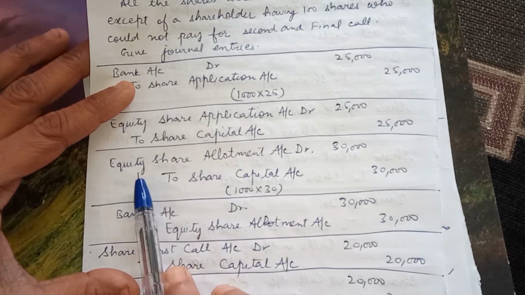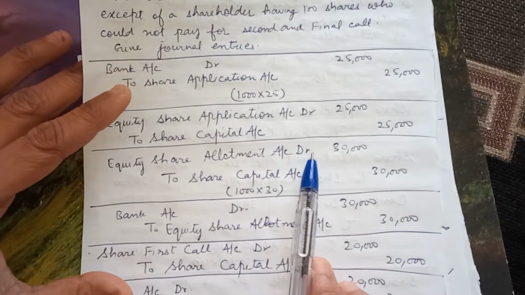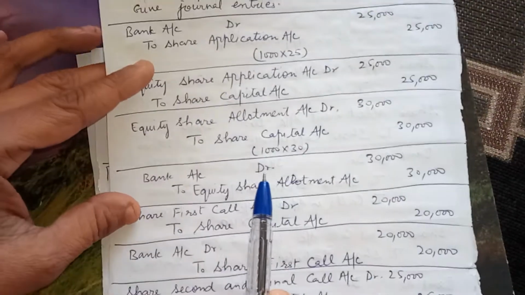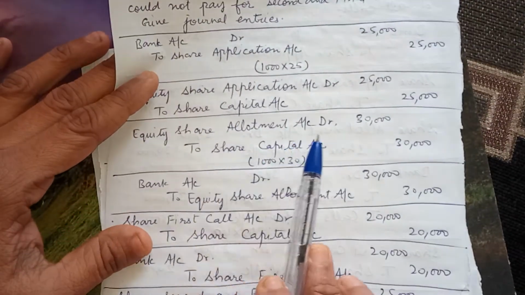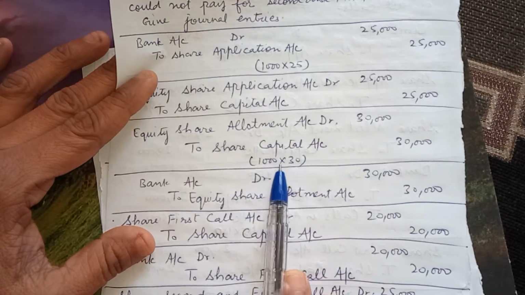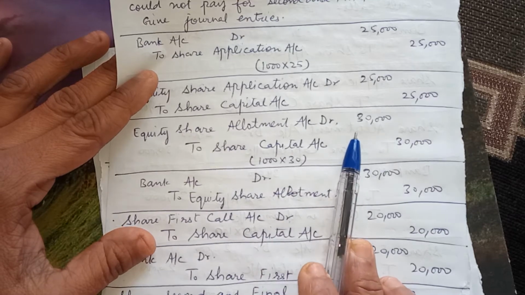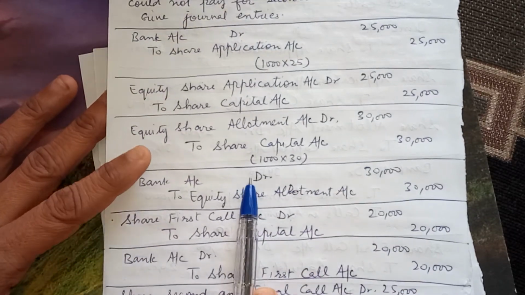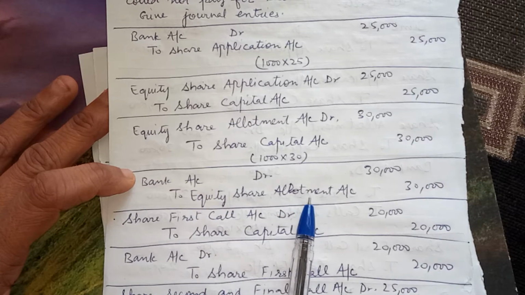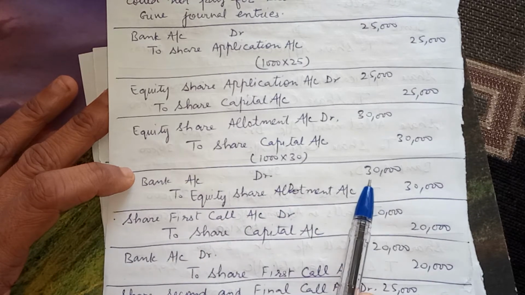Equity share allotment account debit, rupees 30 as the allotment money due, to share capital, 1000 shares into rupees 30, 30,000. Then when the amount is duly received, bank account debit to equity share allotment account 30,000 rupees.